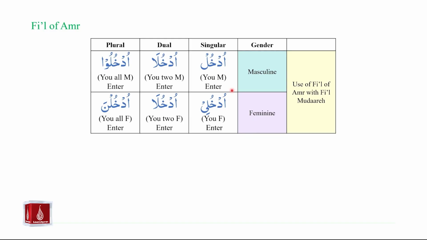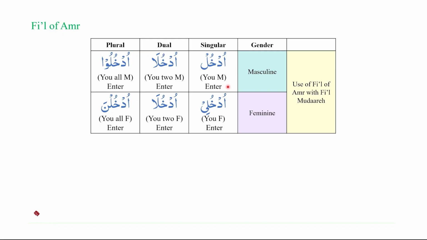Please recall that fail of amr is used to directly address the second person, and it can be used to directly order, directly command, directly advise or request, or make dua to Allah subhanahu wa ta'ala. Keeping that in mind, we can translate the table as follows. Udkhul can be translated as enter.